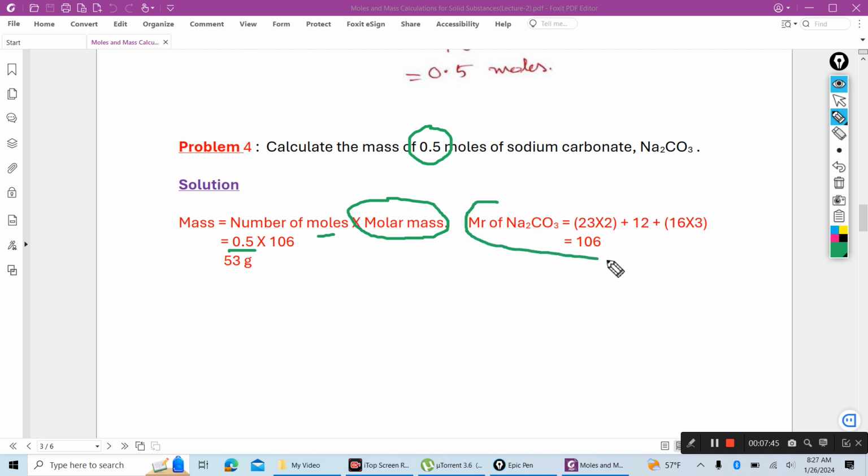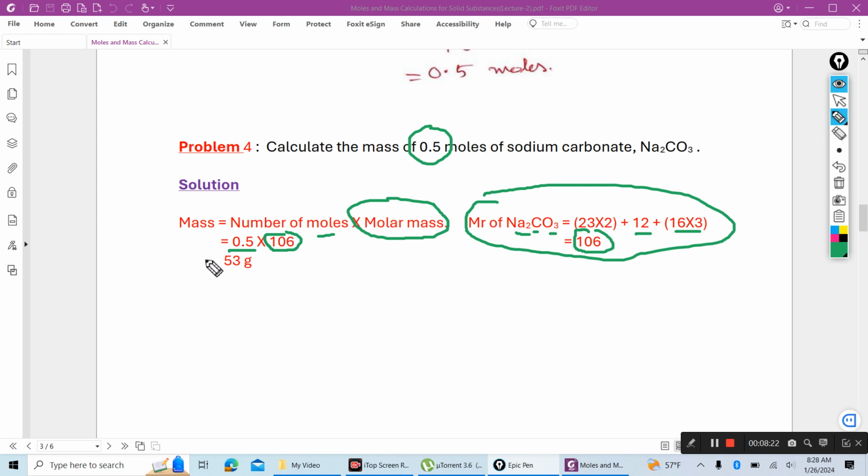I calculate here the MR, relative molar mass of sodium carbonate. Here 2 sodium atoms, 23 times 2, 1 carbon plus 12, oxygen 16 times 3. Relative atomic mass of oxygen is 16, so here 3 oxygen atoms, 106. Now molar mass is 106.